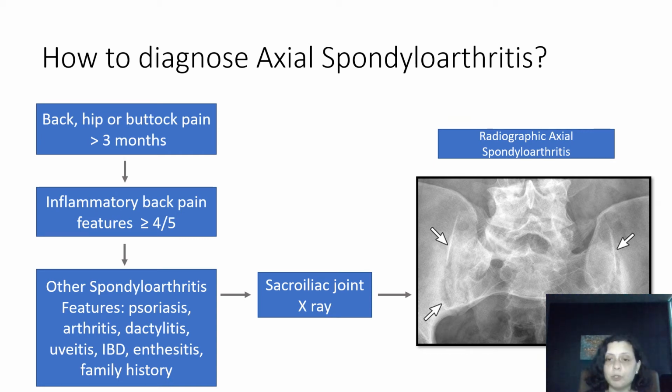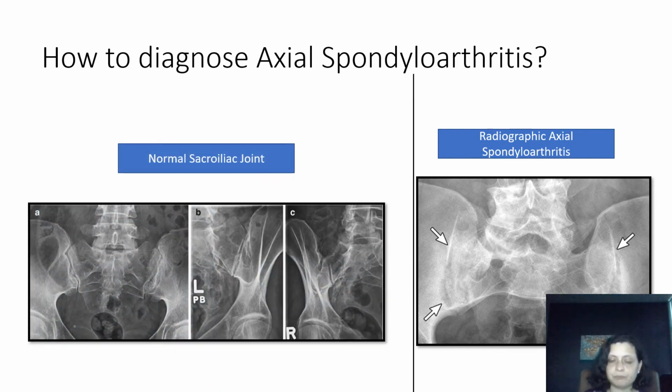And this is what you will see, right? You will see some inflammation and erosions and sclerosis going on in the SI joint. So for comparison, this is the normal SI joint. See how clean the margins are, how clear the margins are, as opposed to these blurry margins seen right here with some erosions over here.